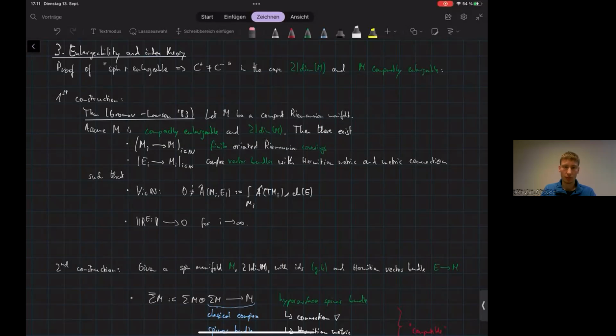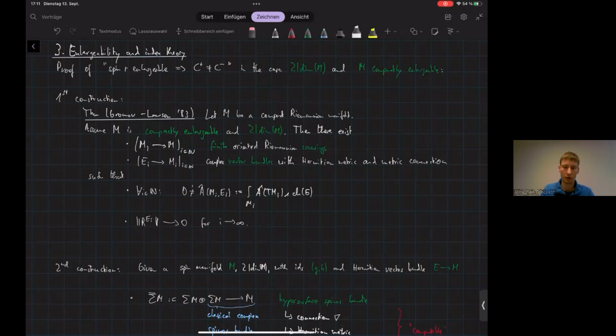Well, this proof or the statement actually holds in all dimensions and also in a larger generality than I will explain it here. Basically, it's not only about enlargeability, but also about A-hat area enlargeability, and it's also not about compactly enlargeability, but also about non-compactly enlargeability.